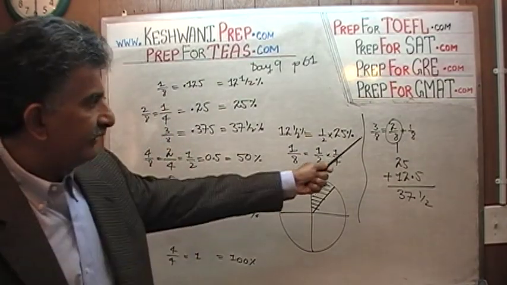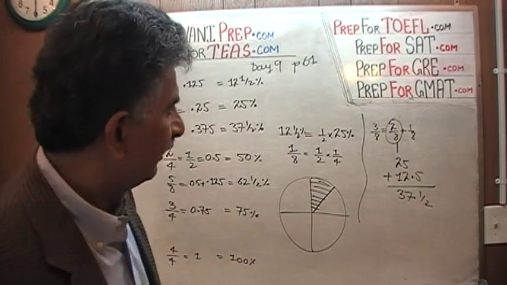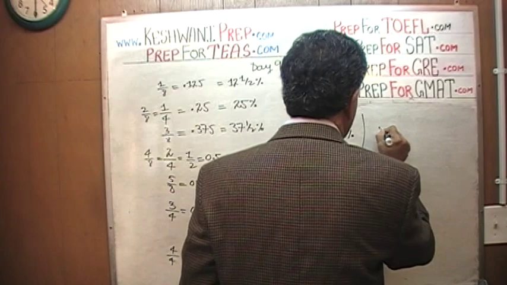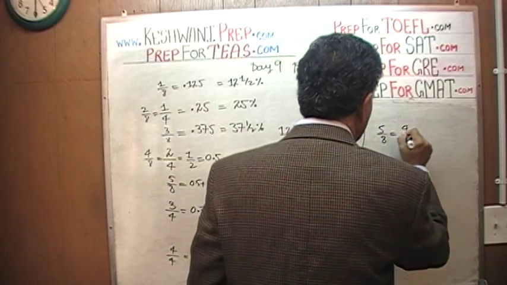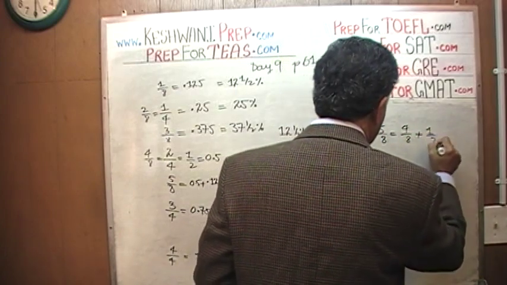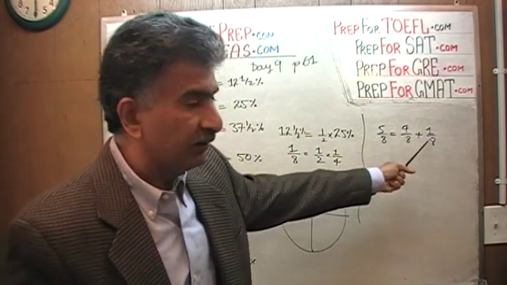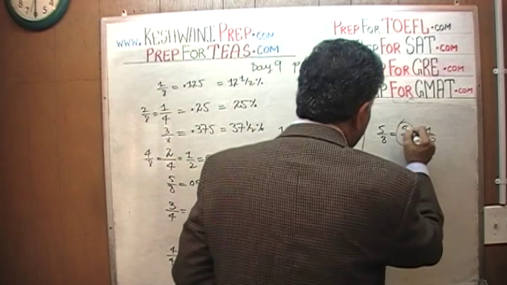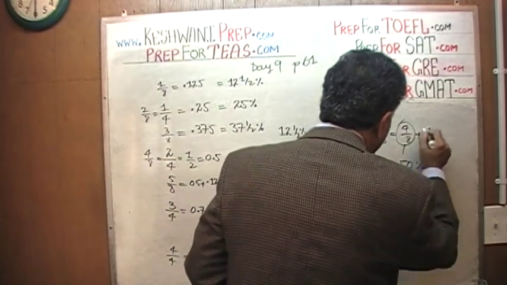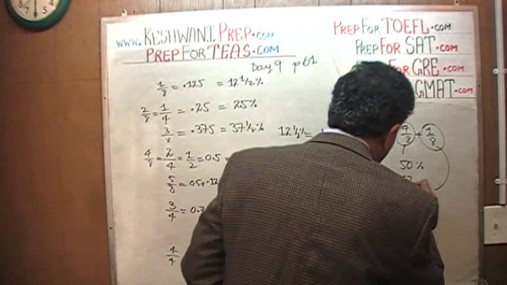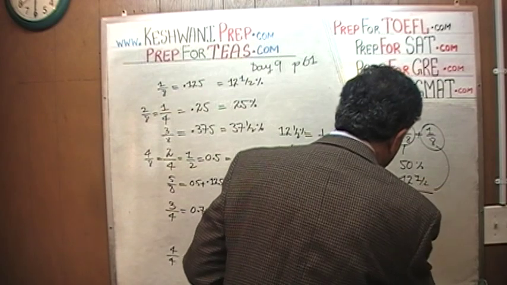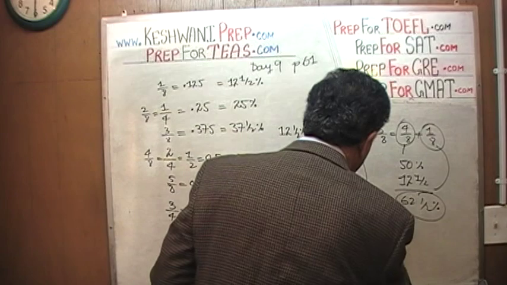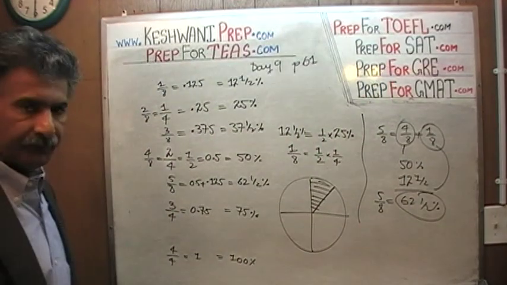And of course, the same demonstration can be shown for 5/8. 5/8 is just 4/8 plus an eighth. 4/8 is just a half, which is 50%, and this part we know is 12.5%. So we get 62.5%, which is our 5/8 right here.